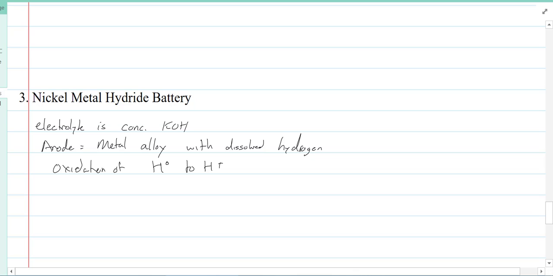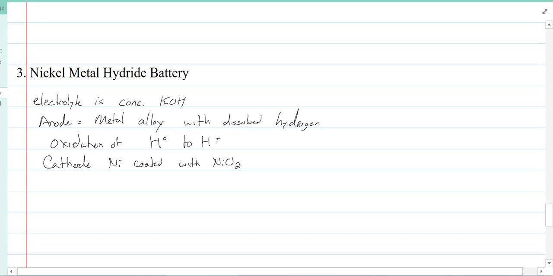The cathode is still the same, nickel coated with NiO2. That's reduced.